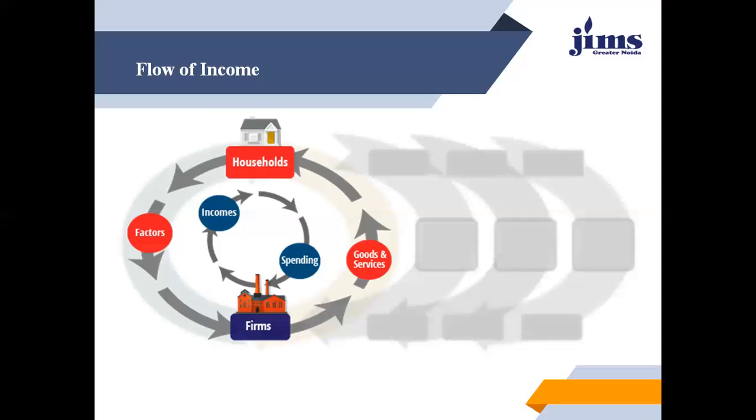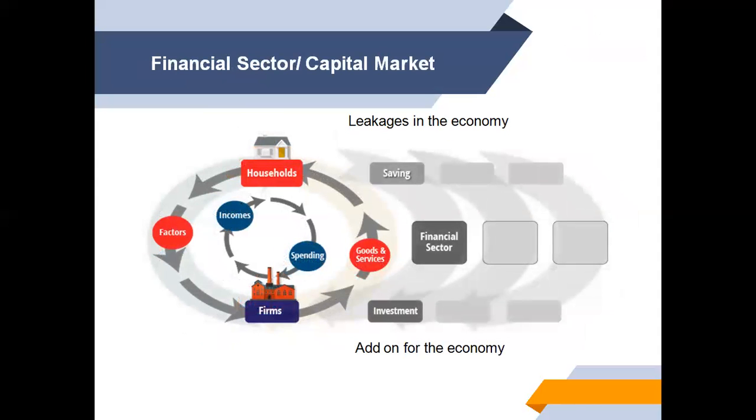For factors of production, the firm will pay back to the household, which becomes their income, and in lieu of goods and services from the firms, the households will be spending that income, and the amount will come back to the firms, and it becomes the entire cycle.